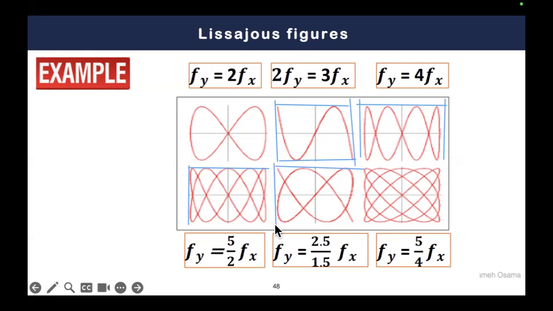And here, again 1, 2, 3, 4, 5 horizontally, and we have 1, 2, 3 vertically. So it's 5/3, which is 2.5/1.5, and so on.